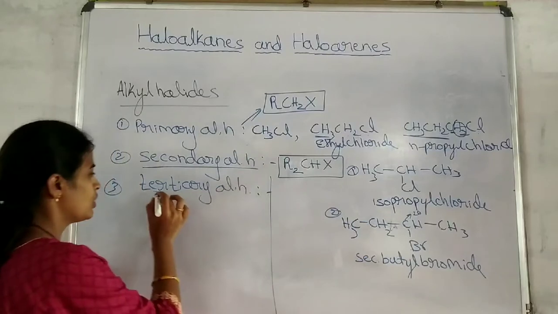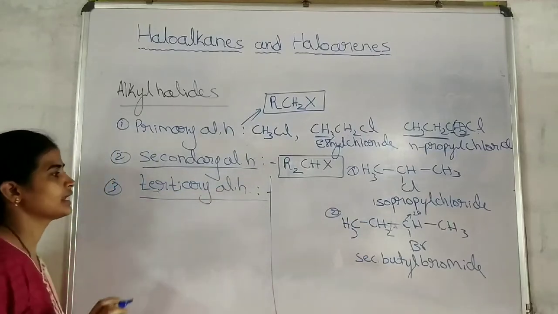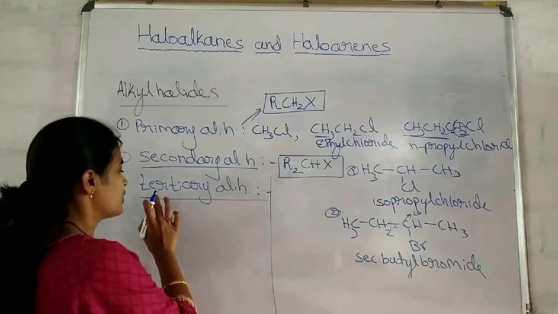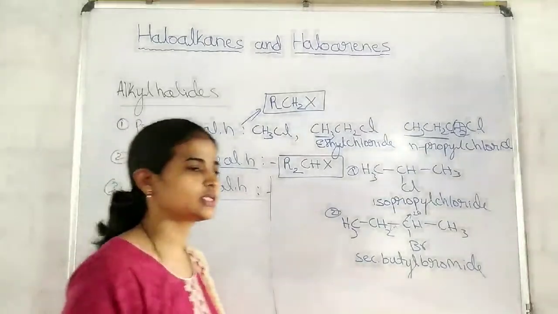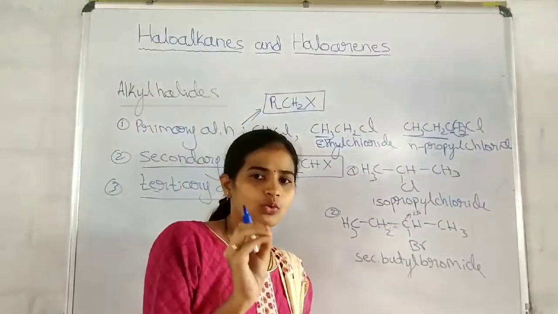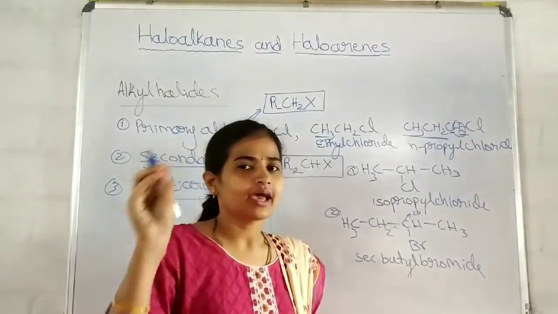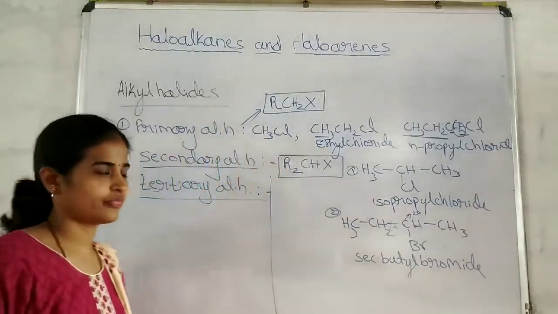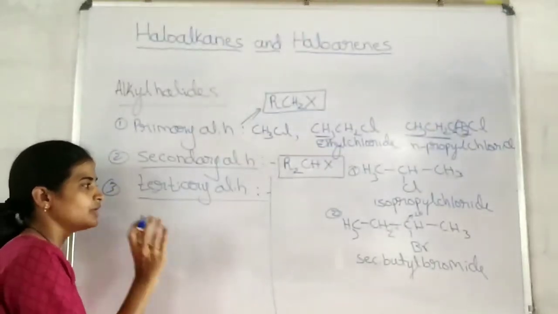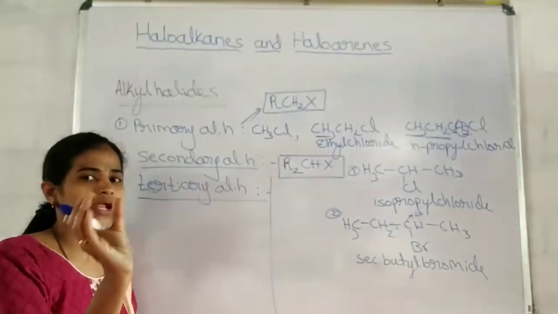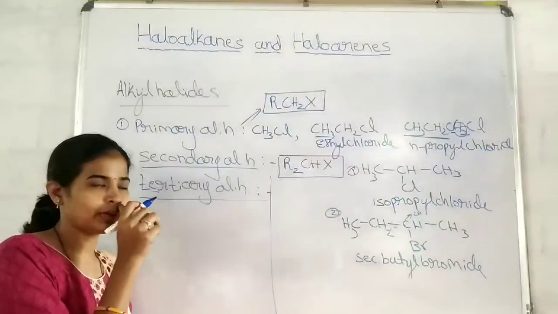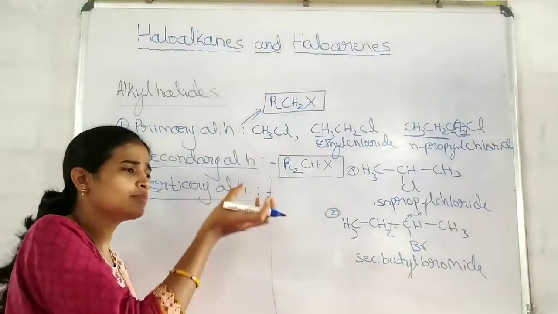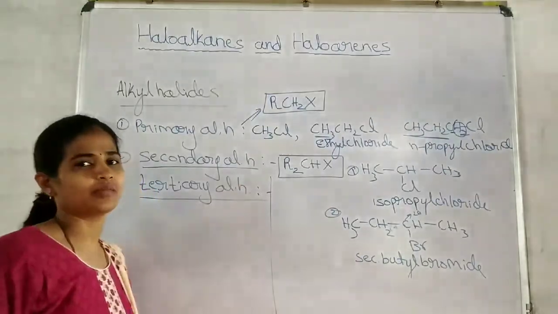Next, what are tertiary alkyl halides? Tertiary alkyl halides are those in which the carbon atom attached with the halogen atom is tertiary, or in which the halogen atom is attached to the tertiary carbon atom.